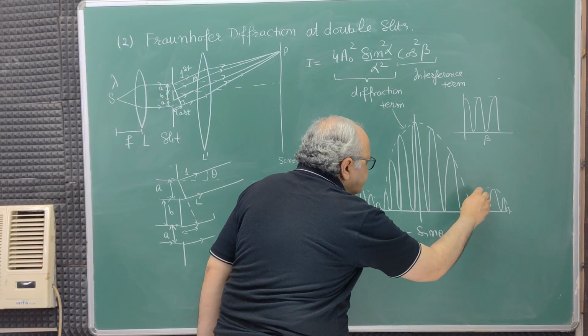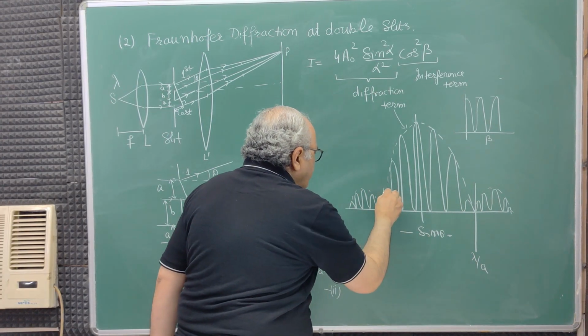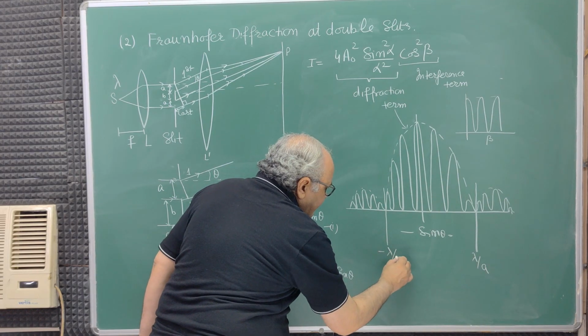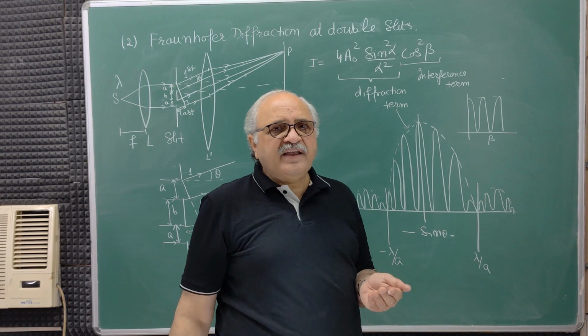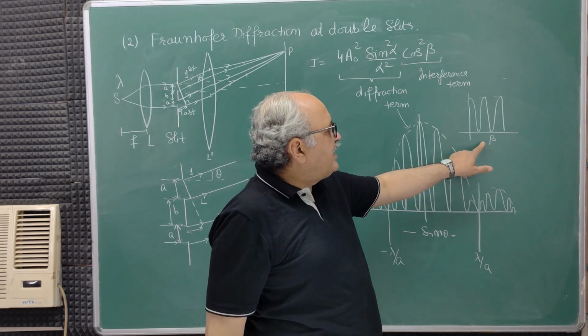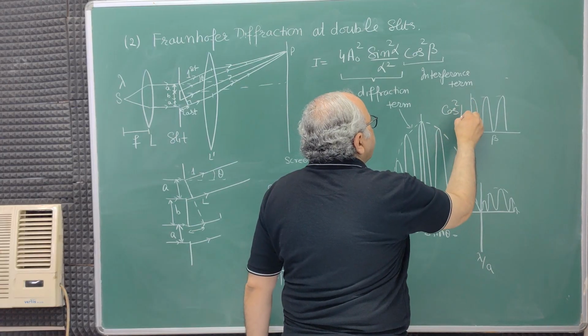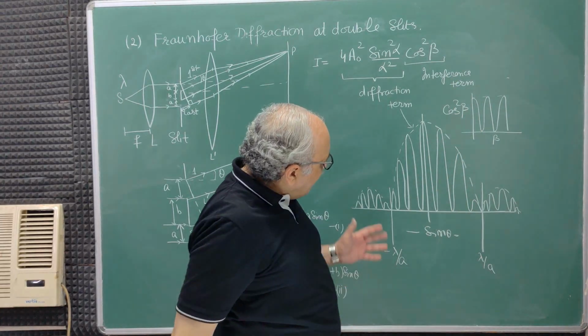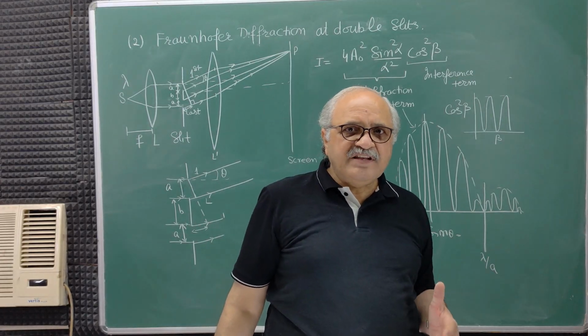The first diffraction minimum occurs at lambda by a, as we have seen in the single slit. But in between we also have the secondary maxima contributed by the diffraction term. This is because of the cos square beta factor. So we have this type of interference pattern in the double slit arrangement.